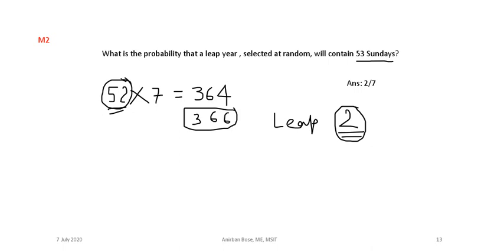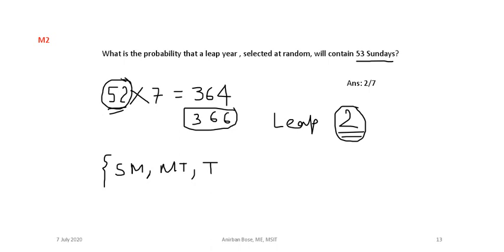So these 2 days can be of different ways. So what is the sample space, or what are the total possible outcomes if we try to write all of them? The 2 days can be Sunday and Monday. The 2 days can be Monday and Tuesday. Remember, they should be consecutive.